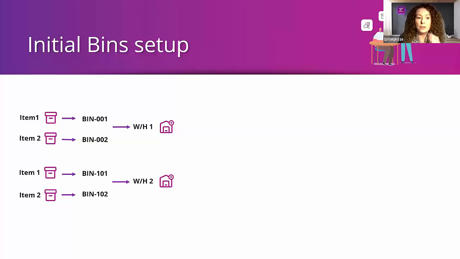So what we do is the bins currently, as it stands today, the current bin setup is that you have one item and one bin. Okay, so a single item to a single bin. So it doesn't really matter what warehouse that bin is in, as long as that's still a single bin. So you can't have the same bin in 2 warehouses for the same item. So each item has to have a single bin within a warehouse or within a location.